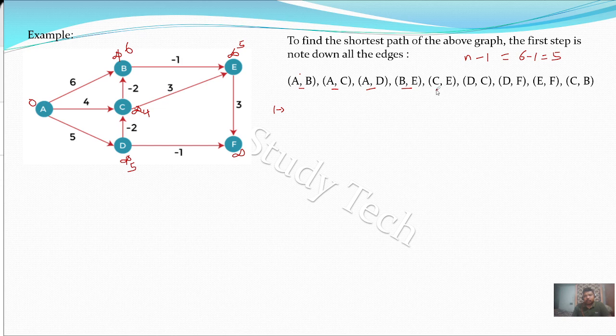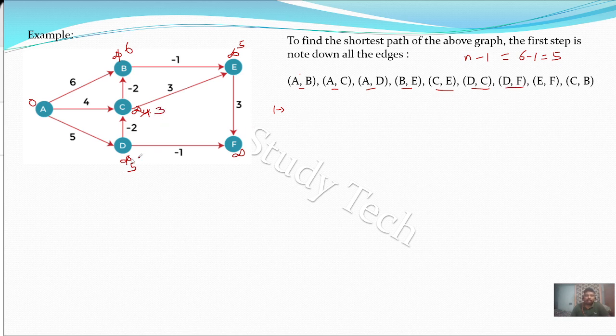Next C to E: the C value is 4, 4 plus 3 is 7, here 5 is there, so 5 is the minimum, leave it. And D to C: the D value is 5, 5 minus 2 is 3, 4 is there, so 3 is the minimum, we update it.